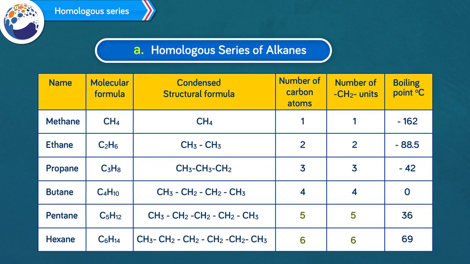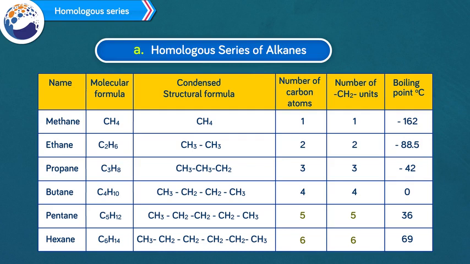Propane, molecular formula C3H8, structural formula CH3CH2CH3. Number of carbon atoms 3, number of CH2 units 3. Boiling point is minus 42.